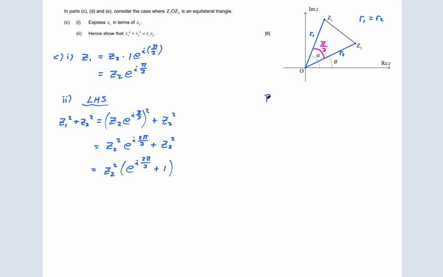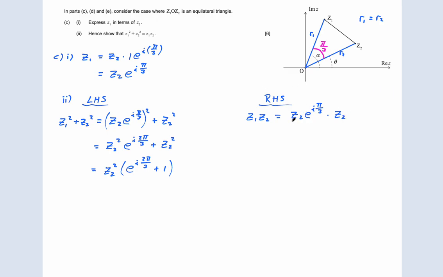The right-hand side is then Z1 times Z2, right? So this should be equal to this when we're done. So Z1, Z2. Again, I'm going to use this Z2 e to the I times pi over 3 instead of Z1. And it's this times Z2.